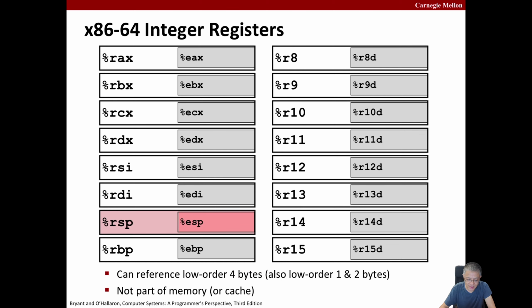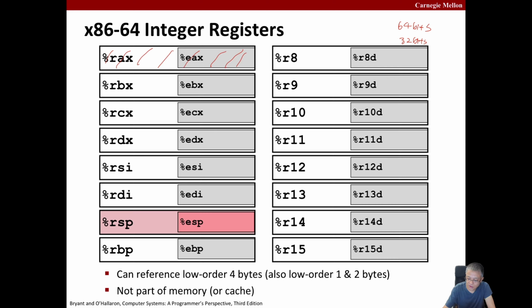So here is the x86 general purpose registers. So these registers can actually be accessed in like 64 bits or 32 bits. Okay, so this is actually a single register.